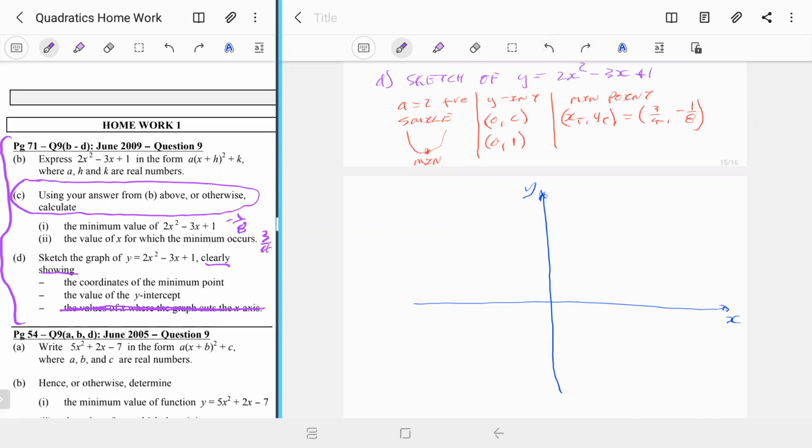So it turns down here. Next question, where does it cut the y-axis? Somewhere up here or somewhere down here. It cuts the y-axis at that point, at the bottom. So it becomes very easy. You need that smile that turns down here and crosses up there.